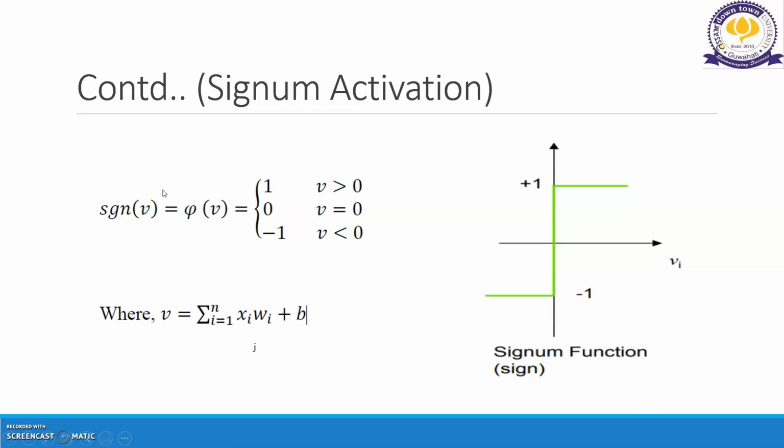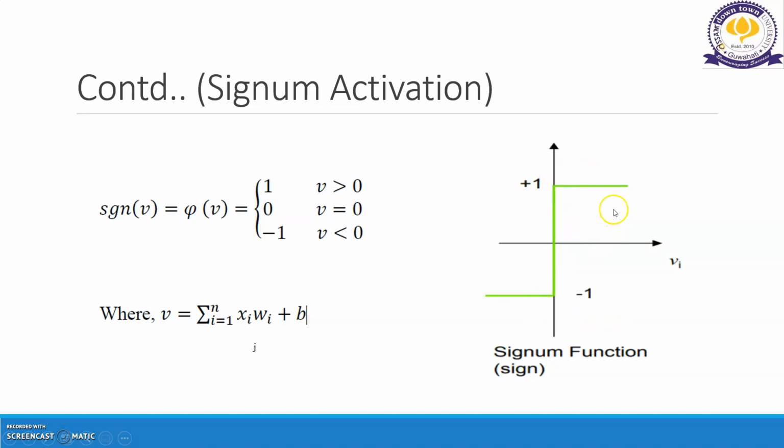So signum activation function is a bipolar function, and its output value is 1 when the net input is greater than 0. Output is -1 when net input is less than 0. It is 0 when it's equal to 0, and the curve of signum function goes like this.